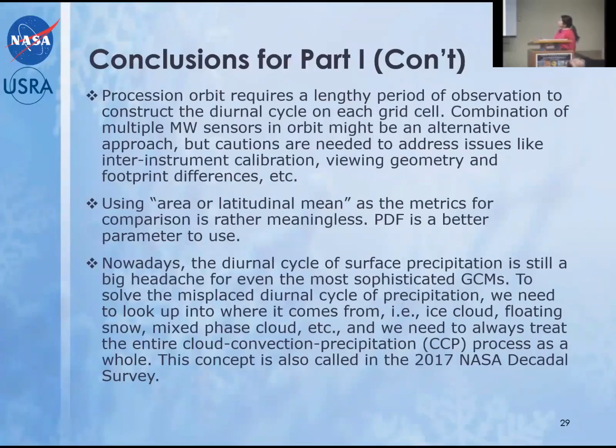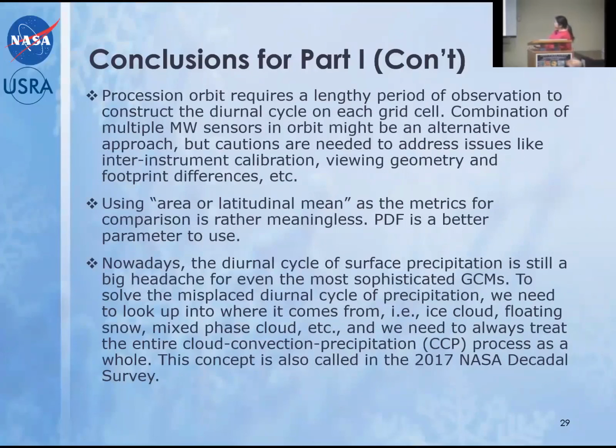And using area or latitudinal mean as the metric for comparison is rather misleading. A PDF might be a better parameter to use for comparison among different observations and between observation and model. And nowadays, the diurnal cycle of surface precipitation is still a big headache for even the most sophisticated GCMs. Like the MMF still has this precipitation diurnal cycle problem. And to solve this misplaced diurnal cycle of precipitation, we need to look into where it comes from.